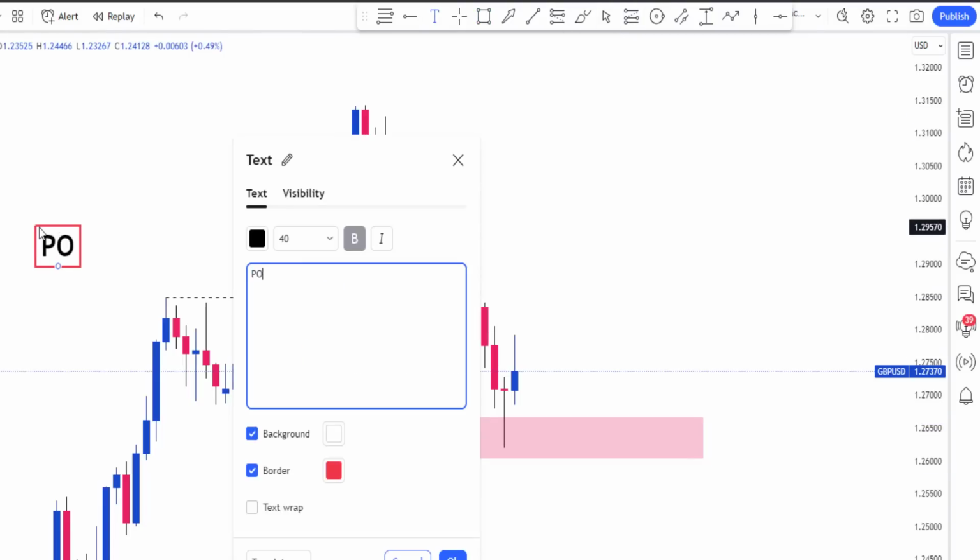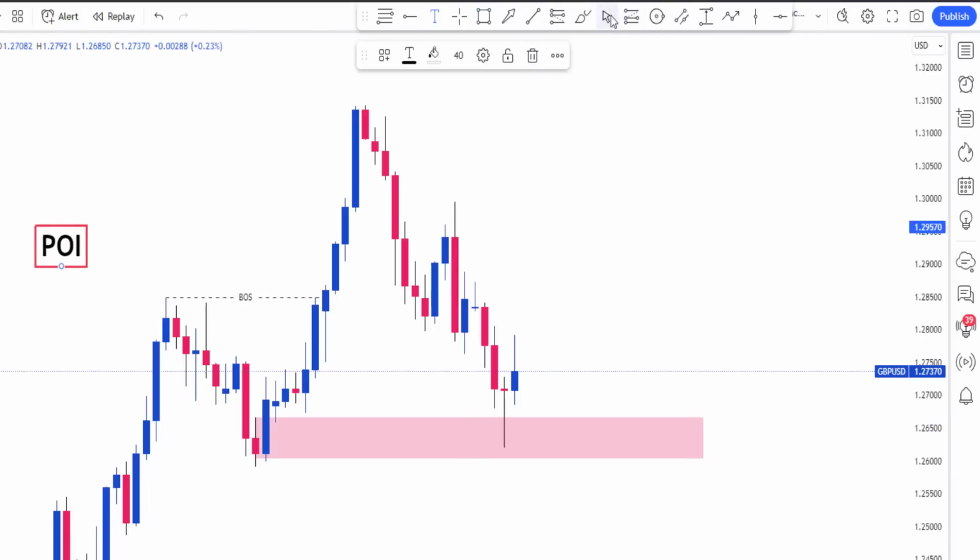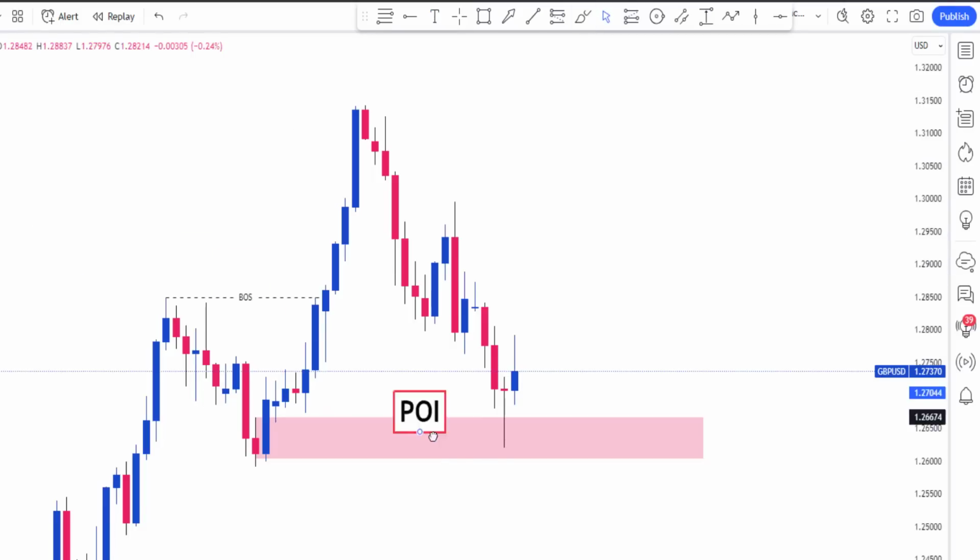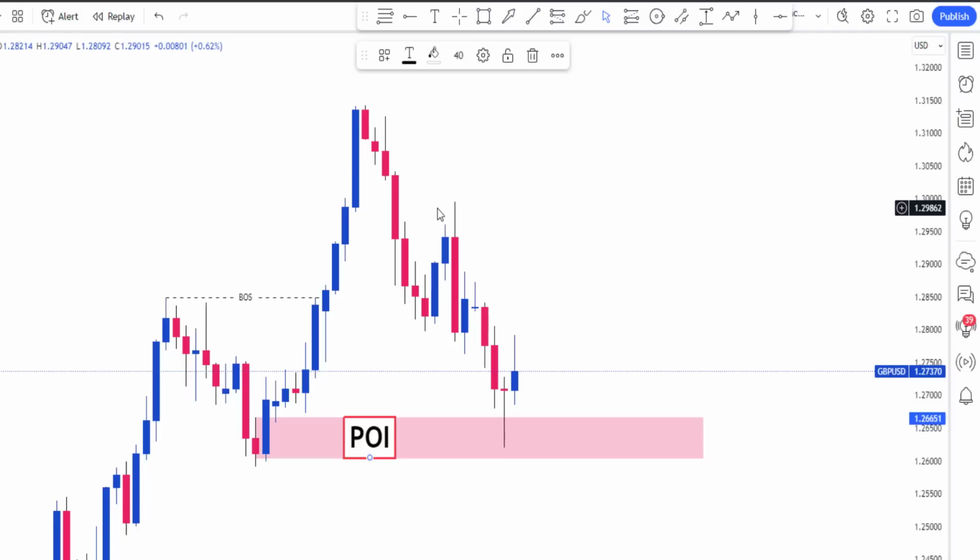This is my point of interest, I'm watching price to come to right here. But look at what happened. This entire movement takes more than 2 weeks, almost a month, to reach this area. So this is what I want to trade, and I will do that in the lower time frame.